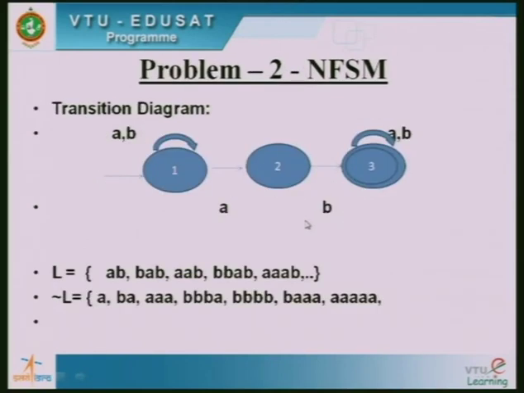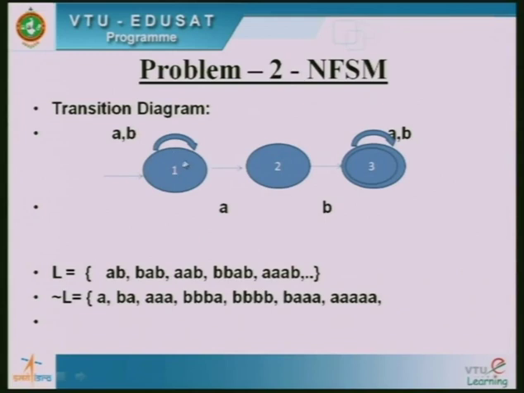Now, how do I write this? As I have told you previously, for any combination of a and b, you simply write a state and make a loop on it with a, b. Here a can come first, then b can come, then another b can come, another a can come.